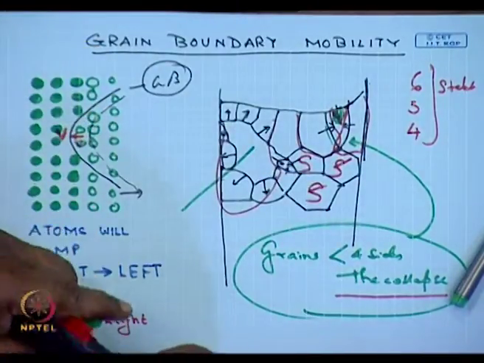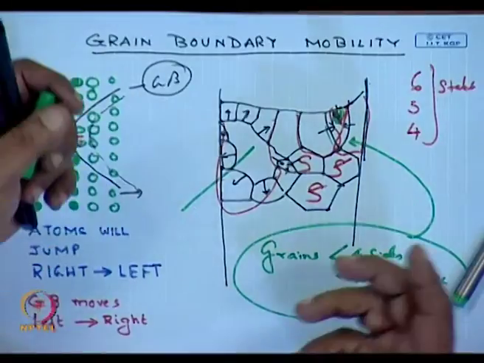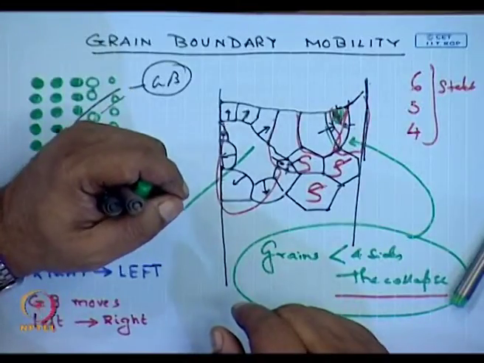And hence, we have a microstructure which has stable 4-sided, 5-sided, even 6-sided grains, and there are huge grains.